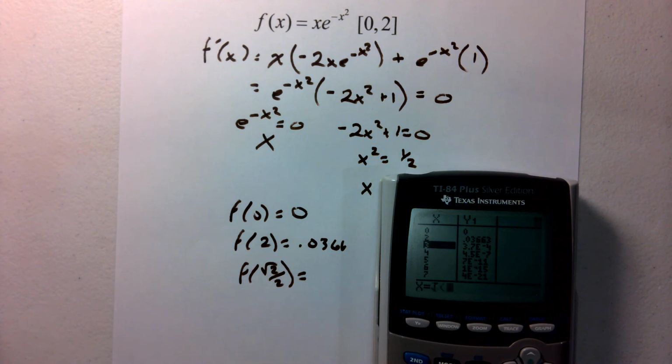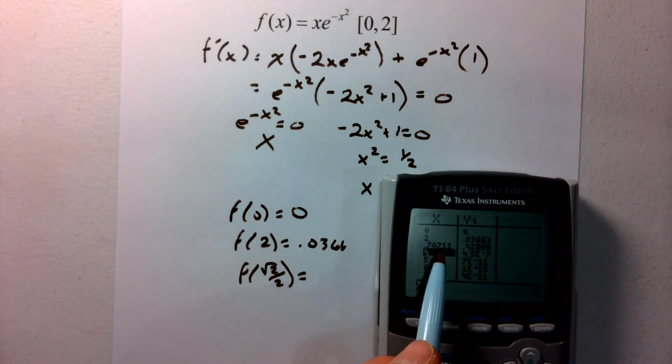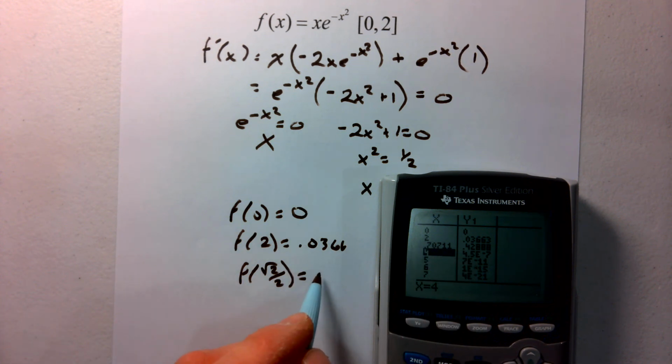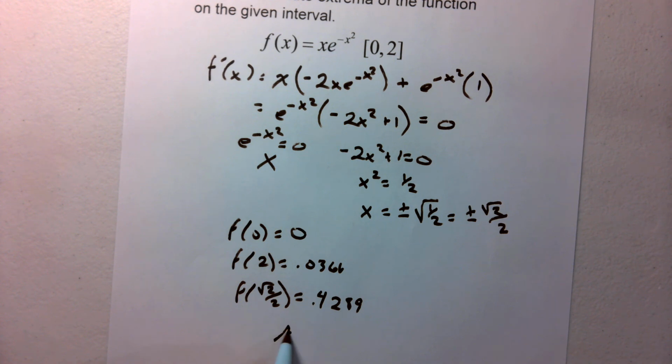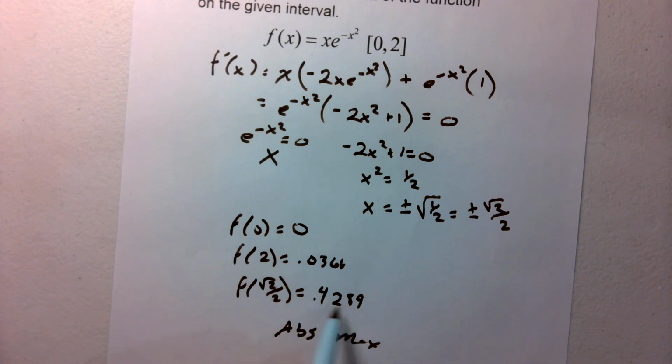And √2/2. So I can actually type that in, √2 in parentheses, divided by 2, and that gives me, remember my 0.707 from the previous example, 0.4289. So my absolute max is going to be my highest possible value there, which is the 0.428.